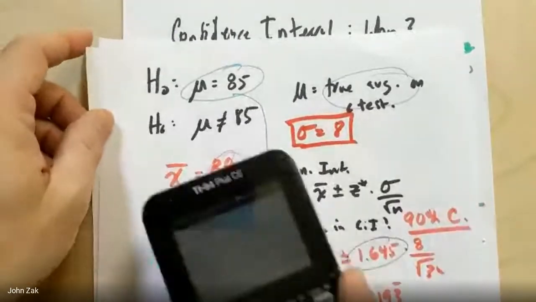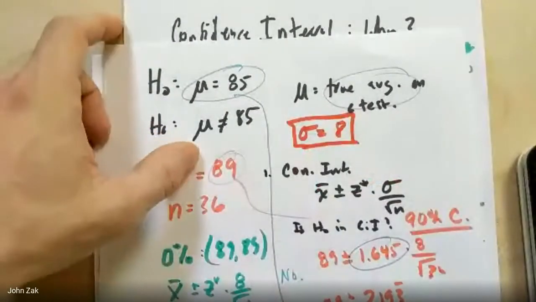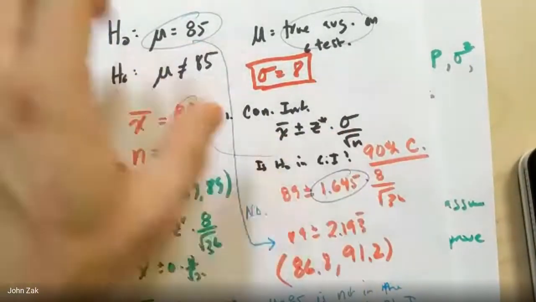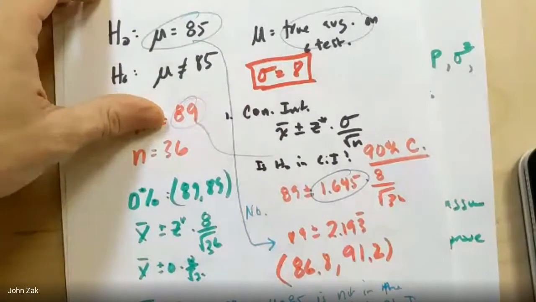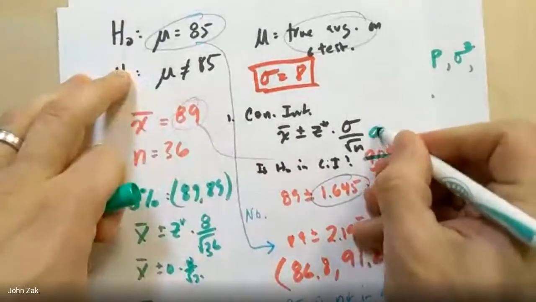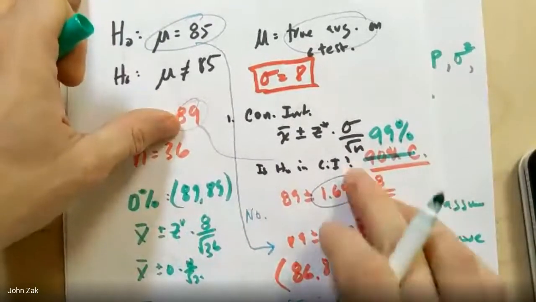If we had actually just widened our confidence interval, let's make a different confidence interval. Let's say we had a 99% level of confidence. If we had used a 99% level of confidence here, say this became 99%, then what level of significance could we have used in the significance test?